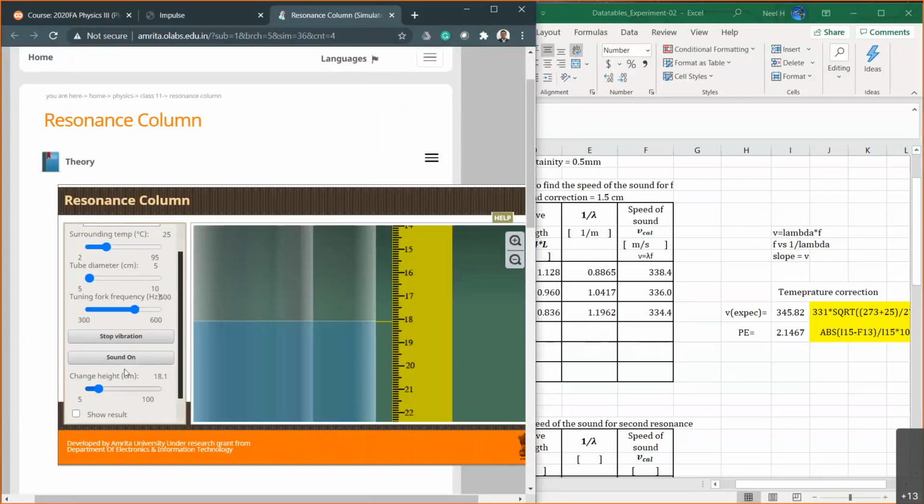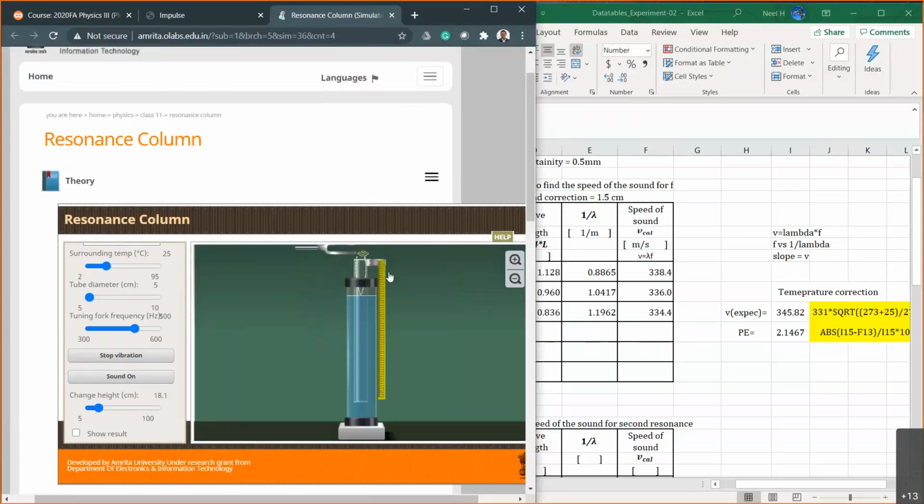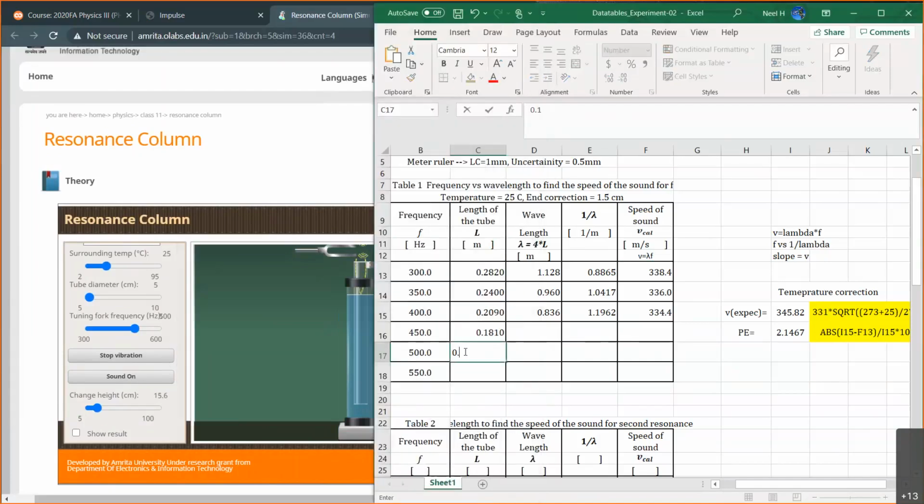500. Then go back to the tube, bring it all the way down, click the sound on, and slowly increase this. Okay, 15.6, 0.156.